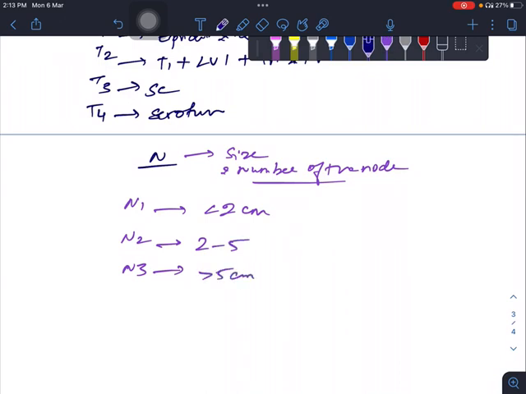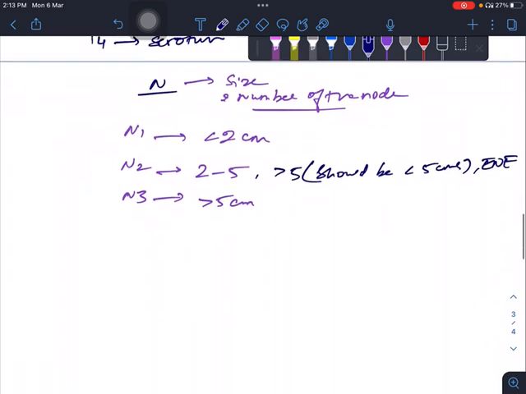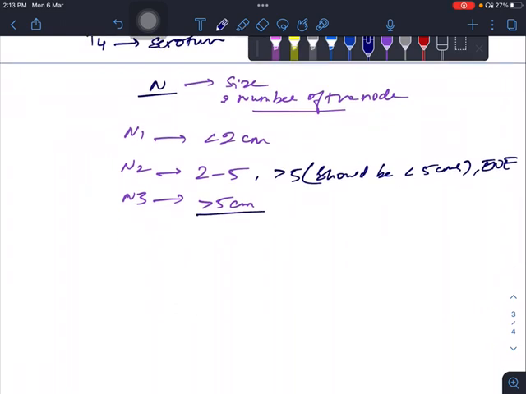In N2, more than 5 lymph nodes also come under N2, but these nodes should be less than 5 centimeters. Extranodal extension will also come under N2. More than 5 centimeters is N3. It is the same for clinical and pathological N type.